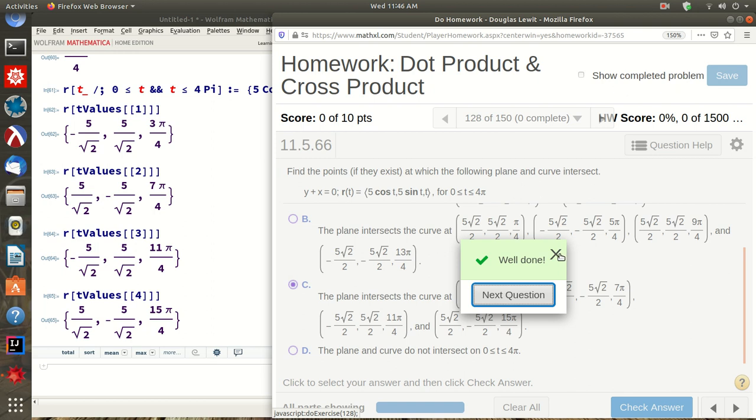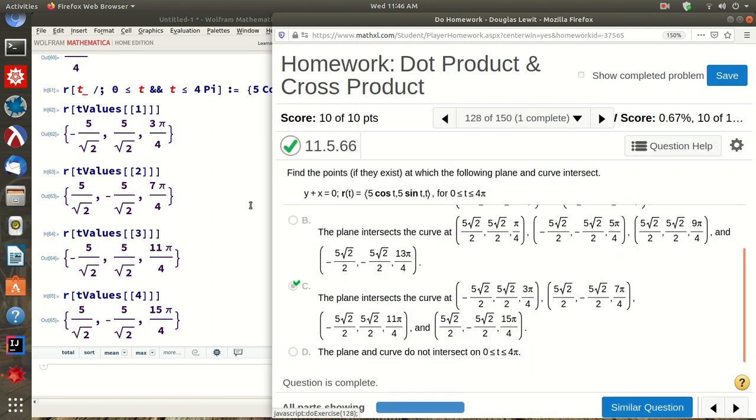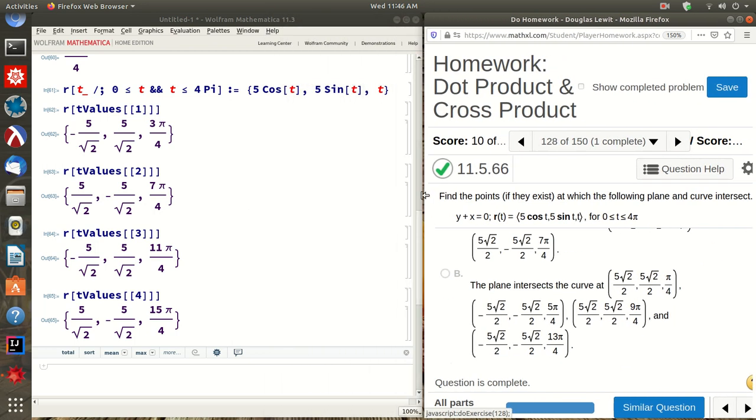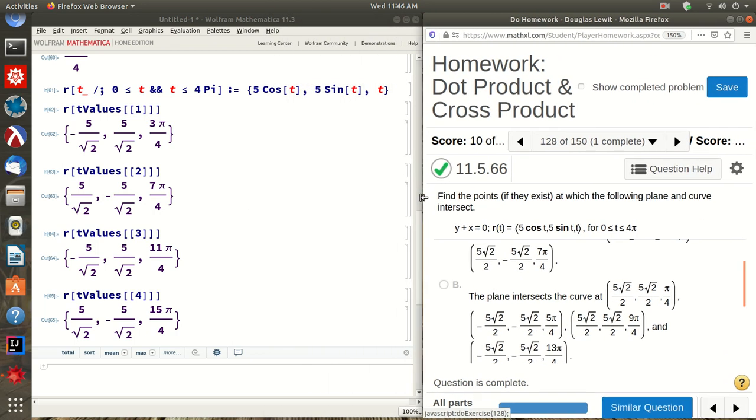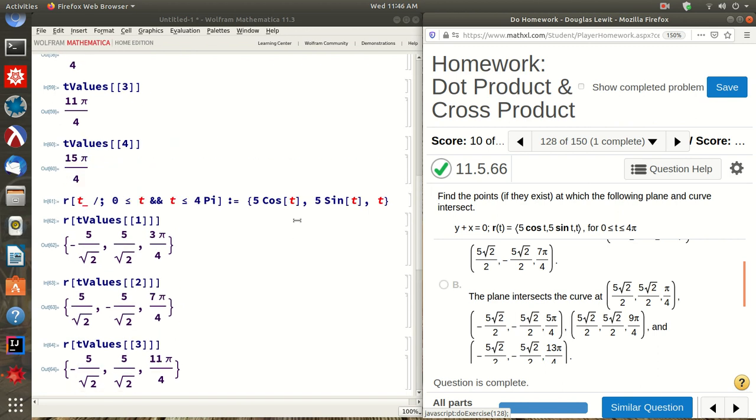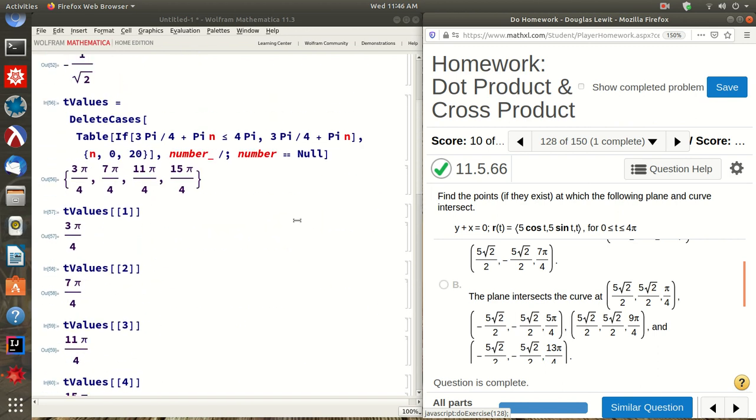Okay, so the important thing is this: when you're using a computer program to help you solve math problems, you're kind of learning 2 languages. You're learning the language of math, but you're also learning the language of the software, the language of the program.